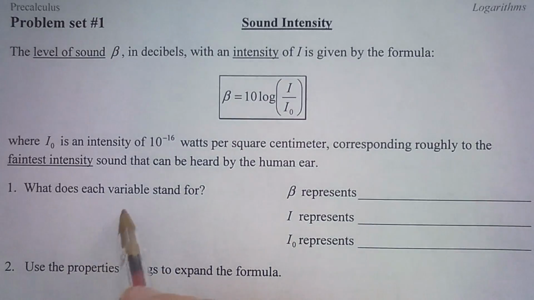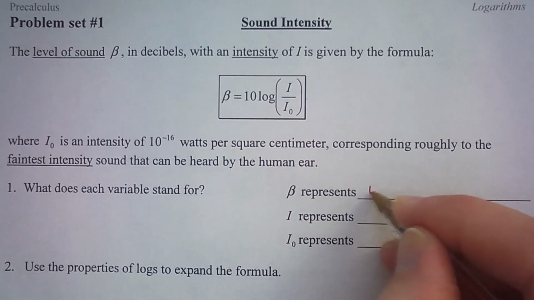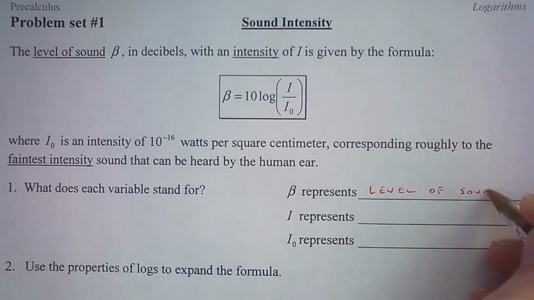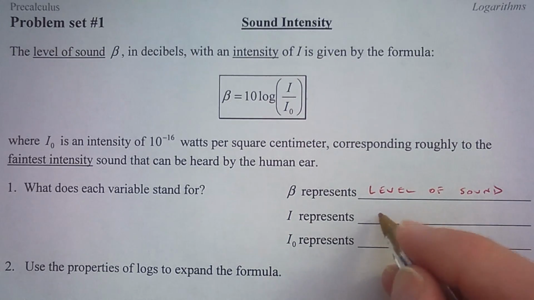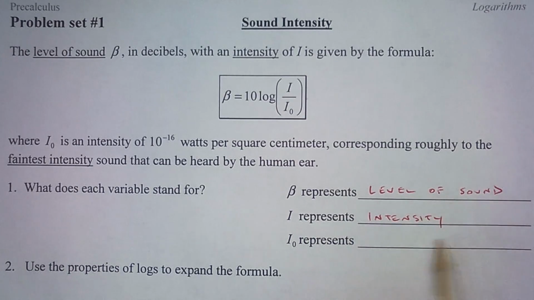Okay, so what does each variable stand for? Beta is the level of sound, and that is in decibels. I is the intensity, and that is in watts per square centimeter.